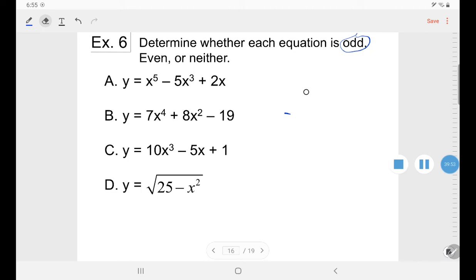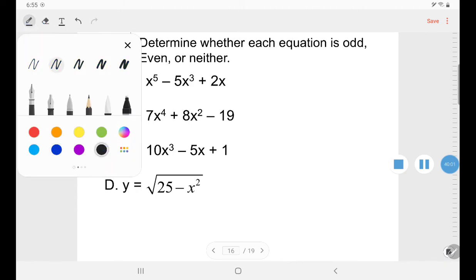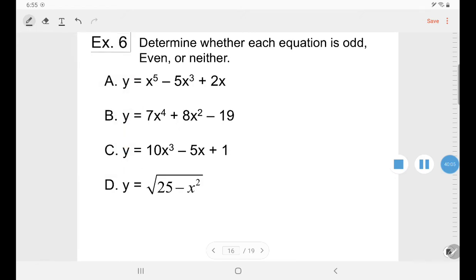Now, I can do kind of an educated guess on this if I want to. Let me show you here. What I'm thinking of here is this. What's going to happen if I take y and change it to negative y? Well, that's going to change the sign on y.